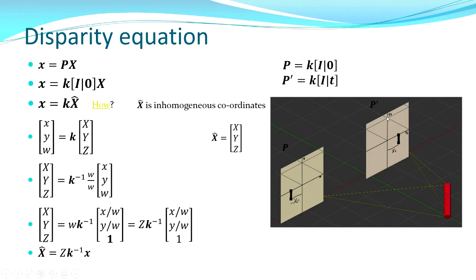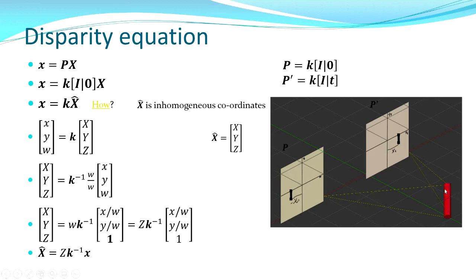So say this is our P camera matrix and this is our P dash. Points over here will be x. This x will denote points over here, and x dash, which we'll see in the next slide, will denote points over here. Okay, so we have x equal to PX. All the points over here will be just the image of this object.